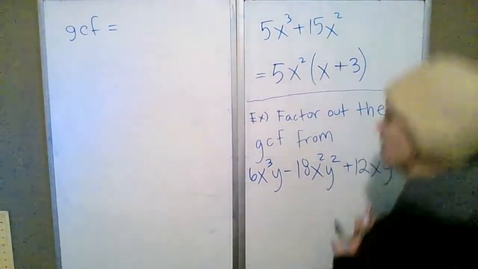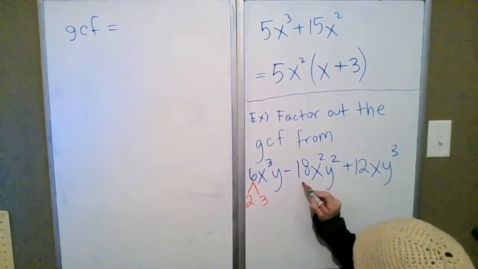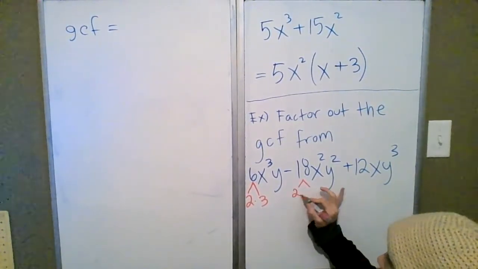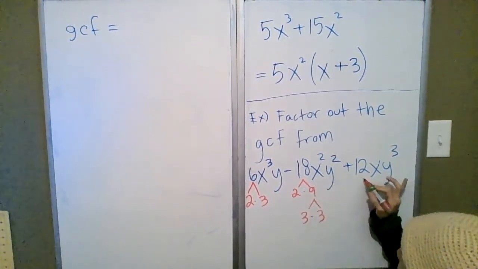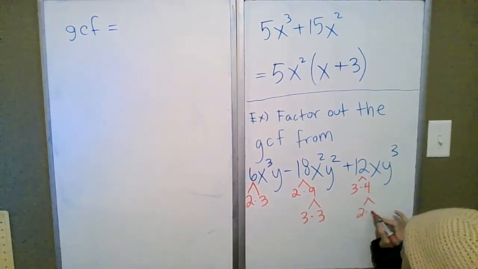Okay, 6 is 2 times 3. 18 is like 2 times 9. 9 is 3 times 3. 12 would be 3 times 4, and 4 is 2 times 2.